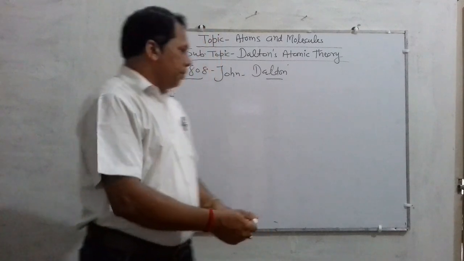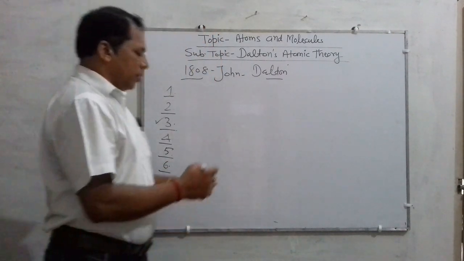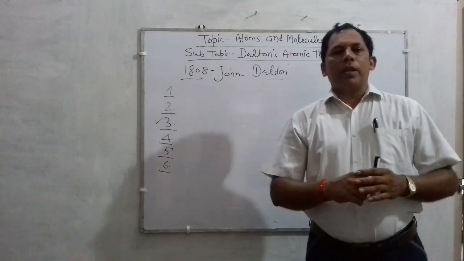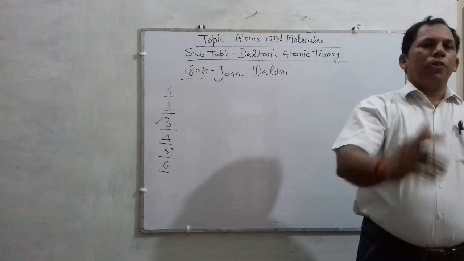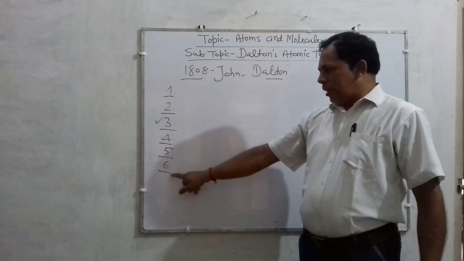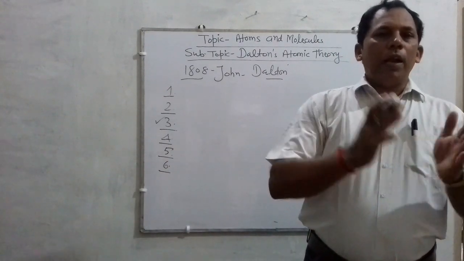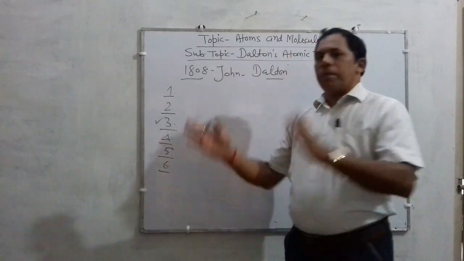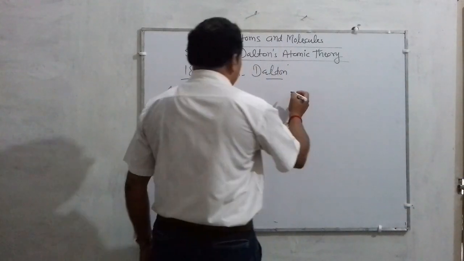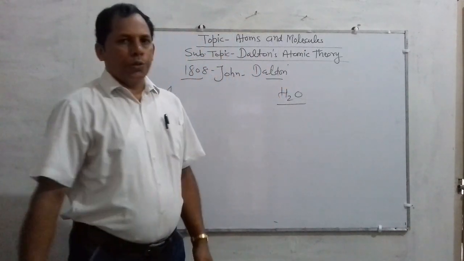Understand children? The next statement of this atomic theory is that atoms combine together in a small whole number ratio to form a compound. Listen, this is the crucial statement. Meaning behind this is, suppose I write one compound, H2O.